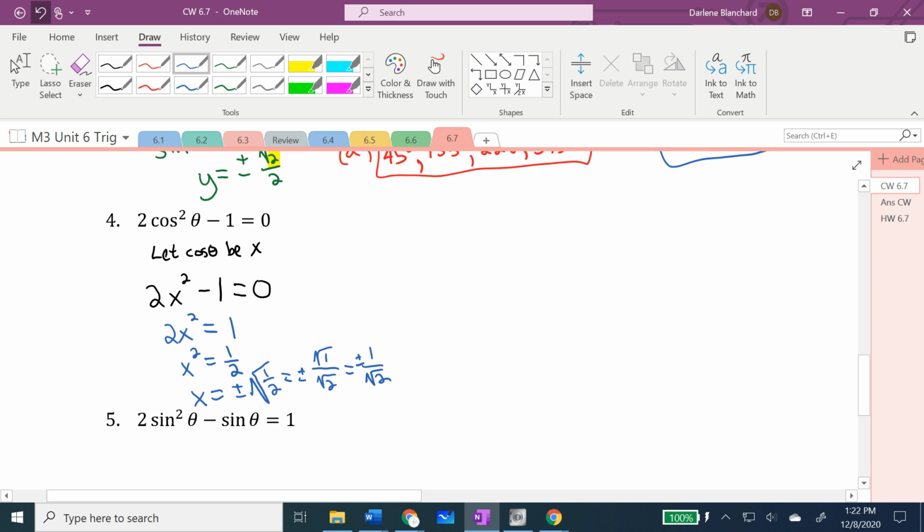Do you recognize it at this point? If you don't, rationalize the denominator by multiplying numerator and denominator by root 2. And now I have root 2 over 2.